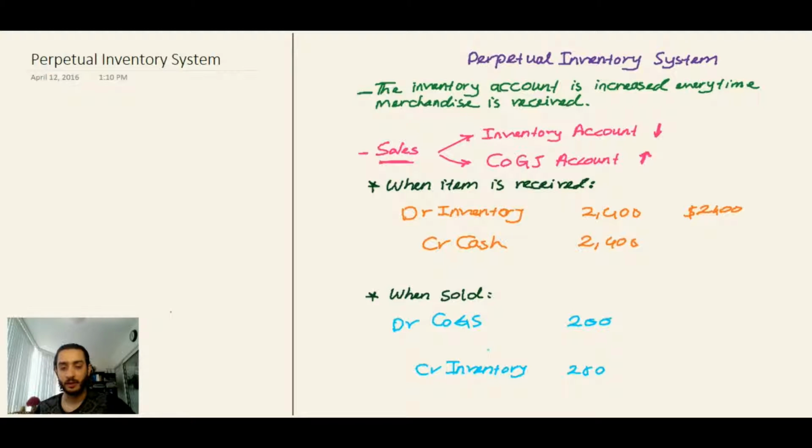We have to credit sales. So credit sales. Say these 200 of inventory, we sold it for, let's say, $300. So we have to increase cash as well by 300, because we sold it for 300 and we have received 300 in cash from our customer.